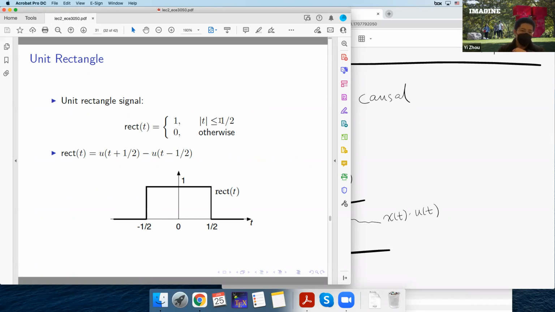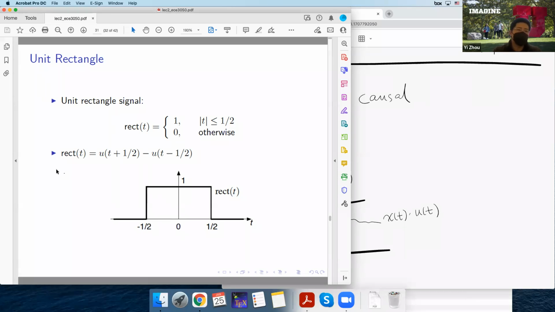So between negative half to half, the signal takes a constant value 1. Otherwise, it is all 0. So you can see that this is exactly a rectangle shape. The width is 1, and the height is also 1, and it is centered at 0. So we call this the unit rectangle signal.